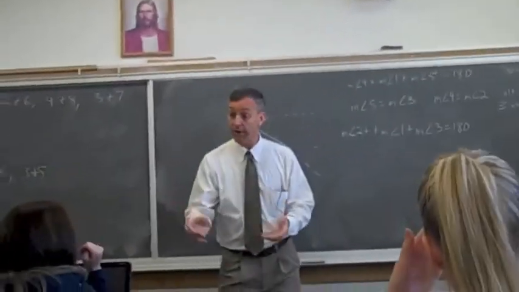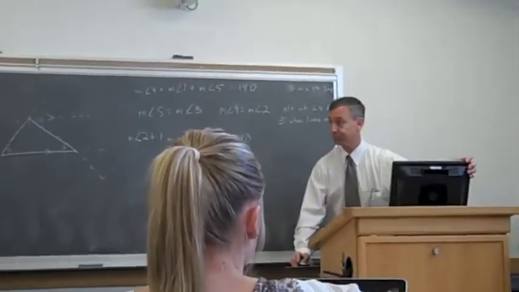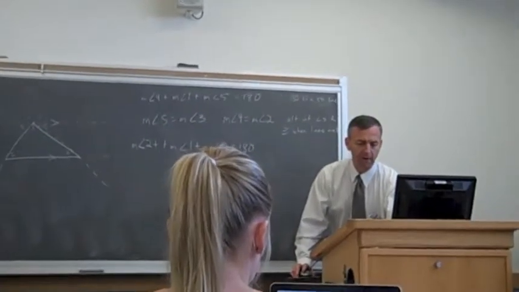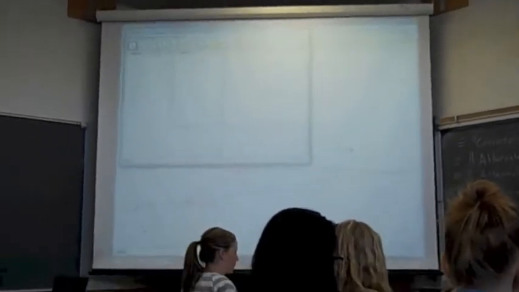All right, so what I want you to do now is with your program, get a new window. If you've got GeoGebra up, just Control N brings up a new window, or just start it up.